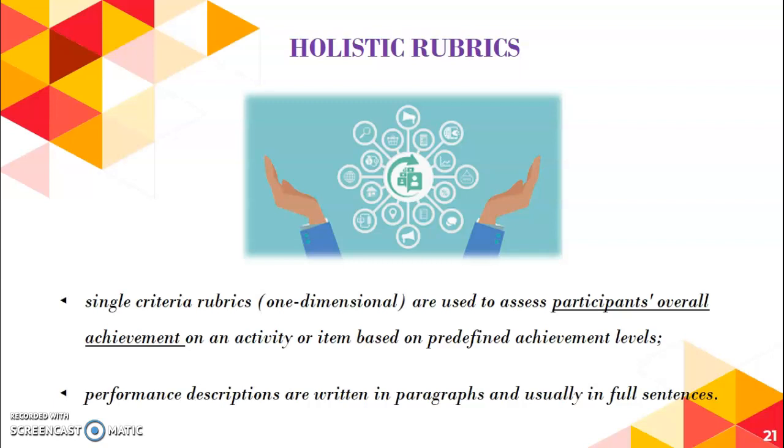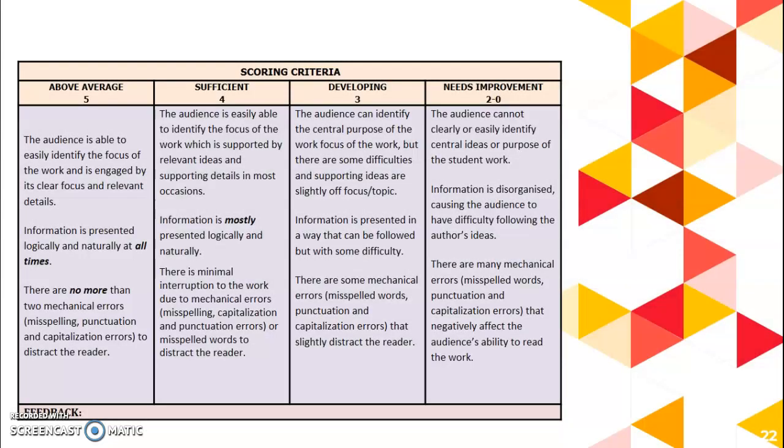And performance descriptors are often written in paragraphs or full sentences. So let's take a look at the following example. So here we have the levels of performance. So we have 4 levels: above average, sufficient, developing, and needs improvement.